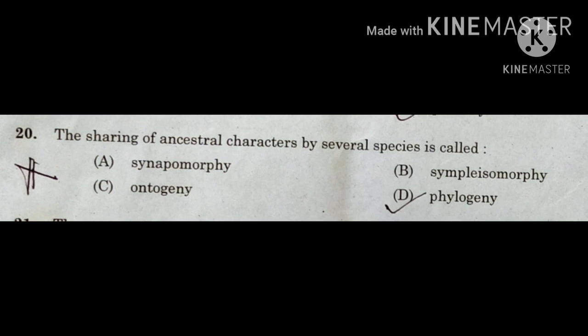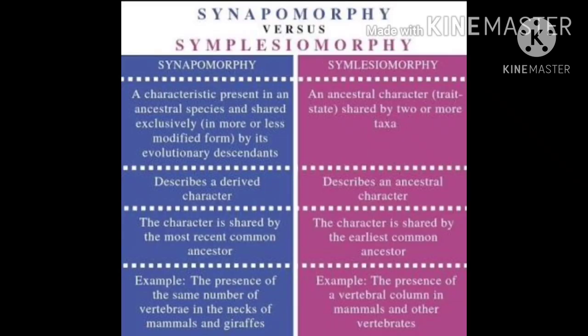Okay, next question: the sharing of ancestral characters by cells is called option A, synapomorphy, B, symplesiomorphy, C, ontogeny, and the last option, phylogeny. Let us discuss some important differences between synapomorphy and symplesiomorphy.